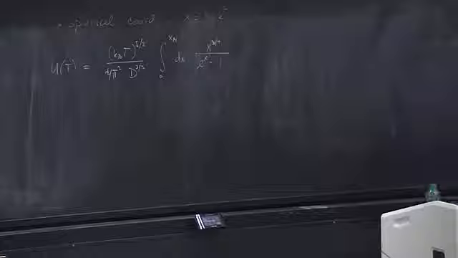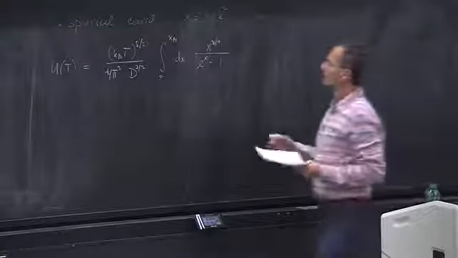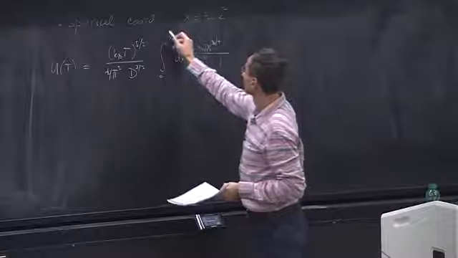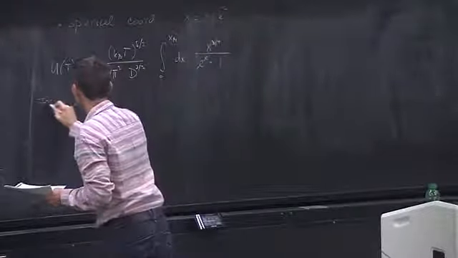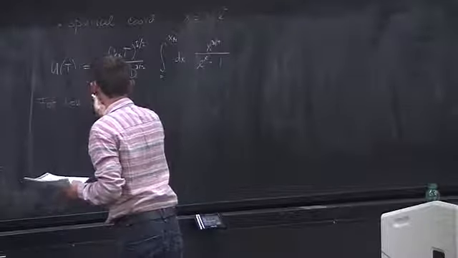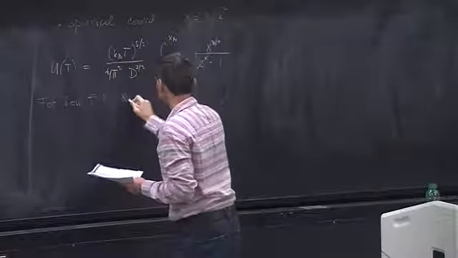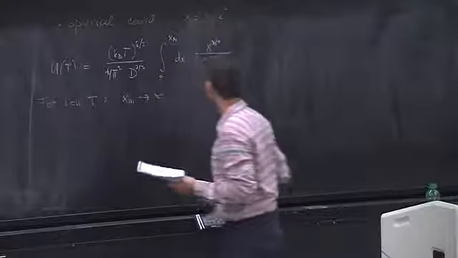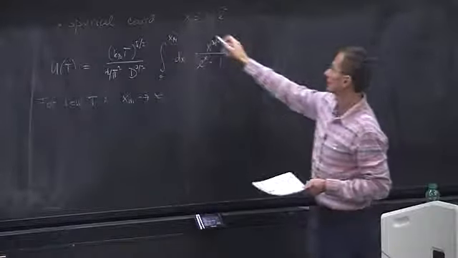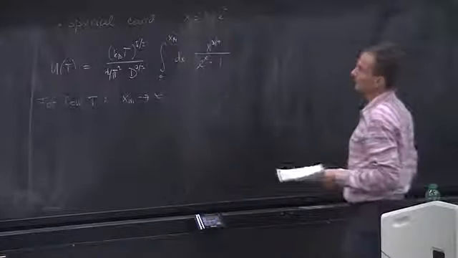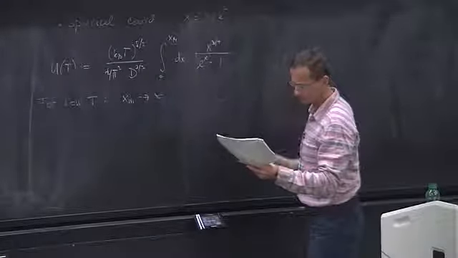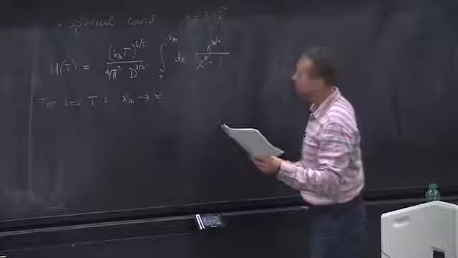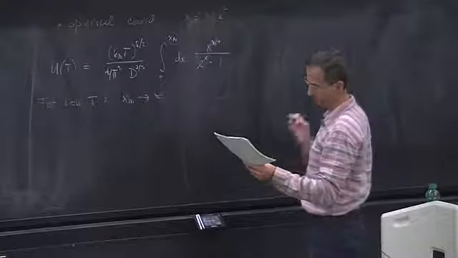So now, as you recall, to study the low temperature behavior in phonons, we were able to just send this x_m to infinity. So for low T, we just send this x_m to infinity, in which case this integral becomes a constant, and it can be expressed in some Riemann zeta functions and whatnot, which is not really important for us.